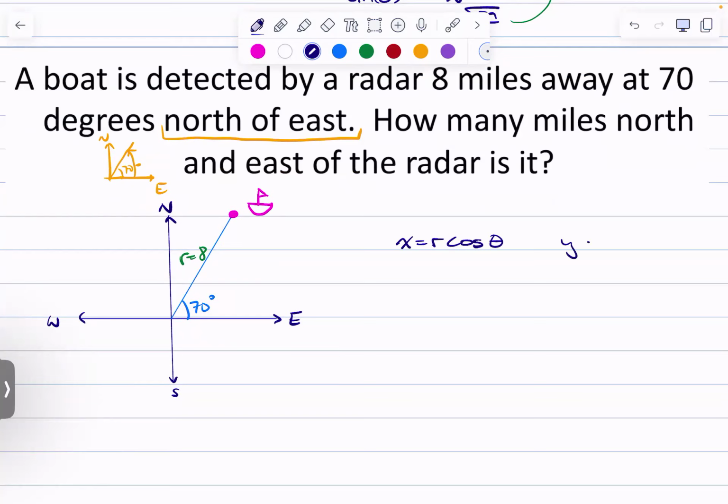And Y is r sine theta. So we could use that, or you could sketch out the triangle. Right? I think I'll use those identities, right? That X is r cos theta and Y is r sine theta.